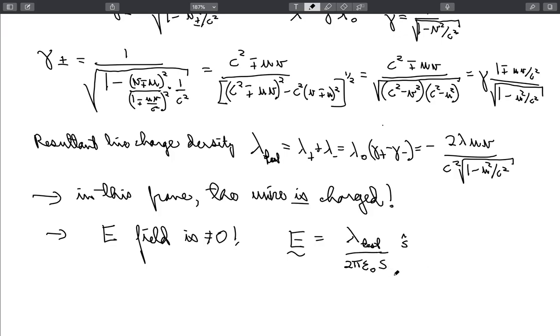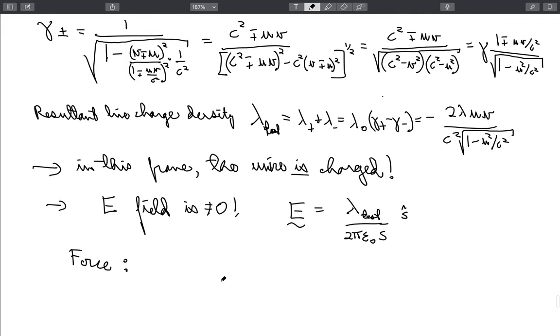Okay, so the force is non-zero. The force in the test frame, maybe I should say in the test frame, is just Q times this electric field in the test frame, and that is just Q times this thing, times this linear charge density put in the formula for the field.